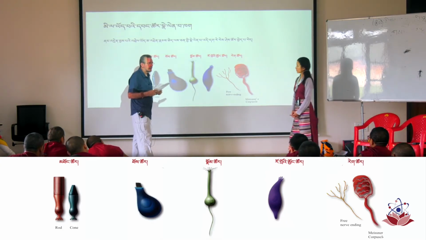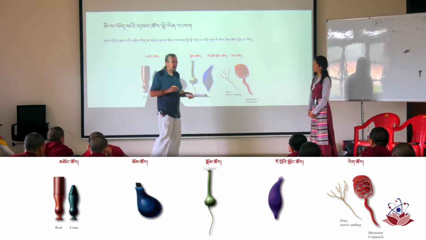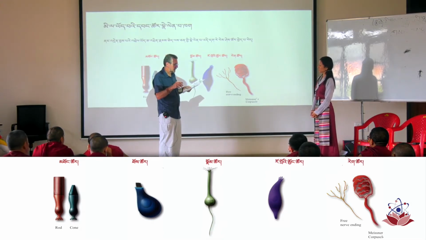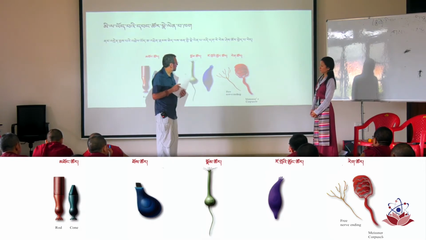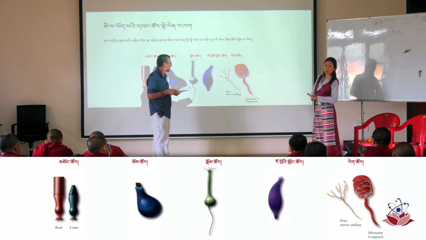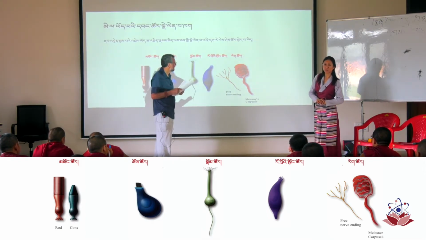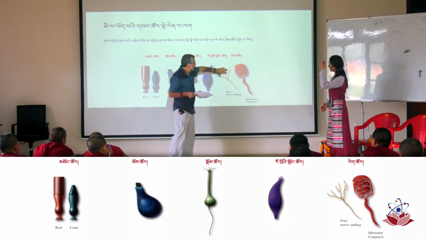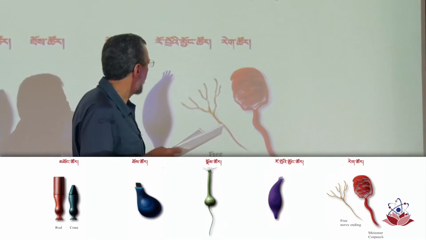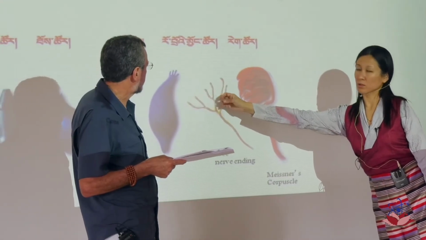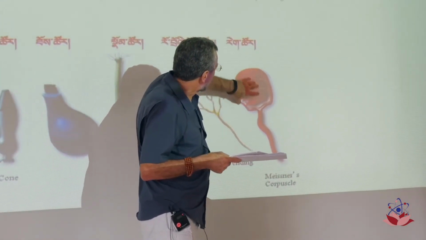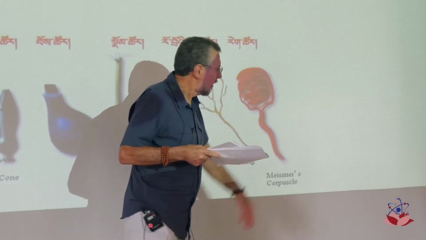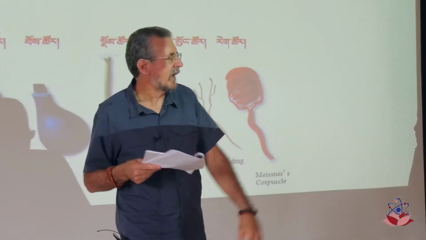Okay. Now, for the skin, and the sense of touch, there are many different kinds of receptors. Some of these are free nerve endings. And some of them have very specialized ends for detecting specific types of stimuli.